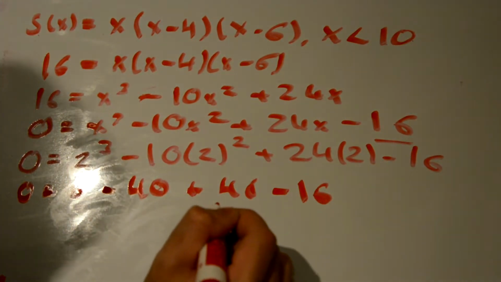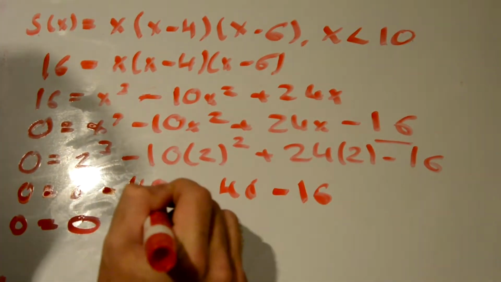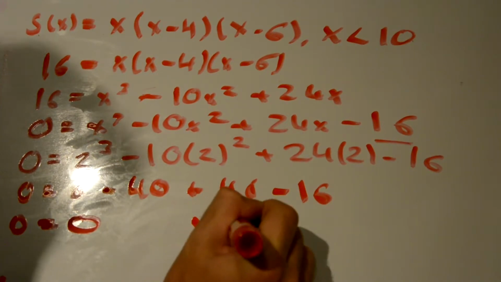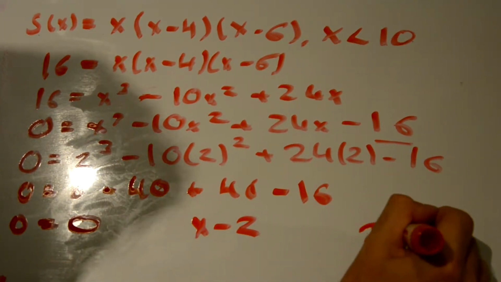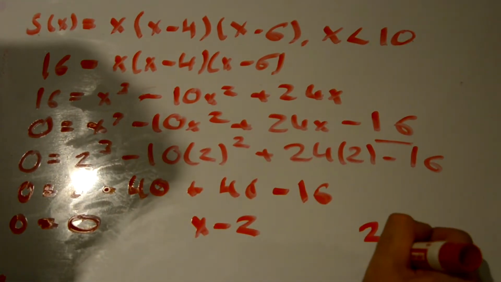And then once again, once we add like terms, we see that 0 does in fact equal 0. Therefore, x minus 2 is one of the factors and 2 is the root, also meaning that after the second game, Maya's score is equal to 16.